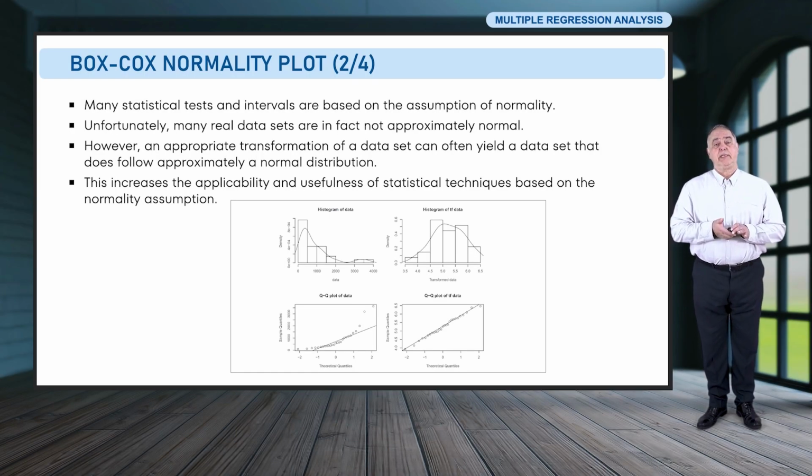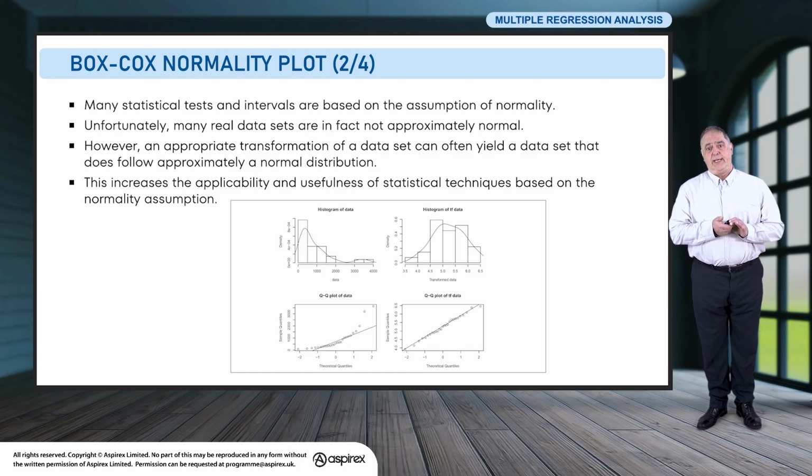So many statistical tests and intervals are based on the assumption of normality. Unfortunately, in the real world, many real data sets do not follow the normal distribution. In fact, they're not approximately normally distributed.